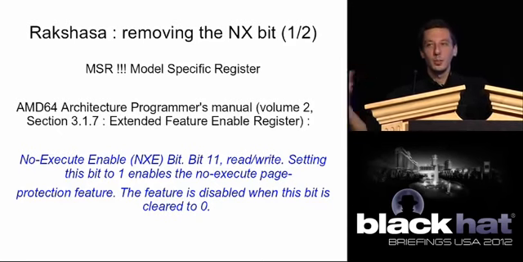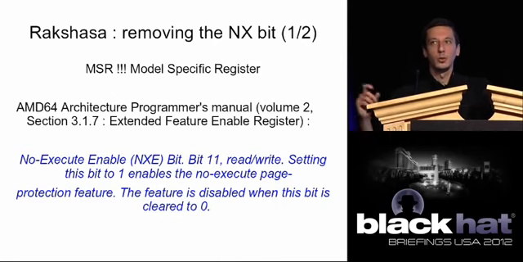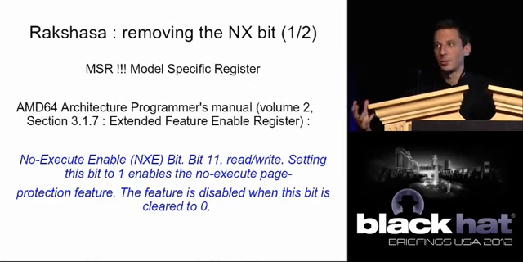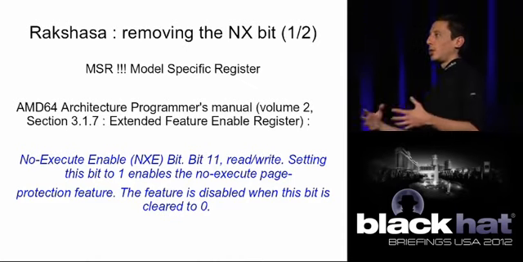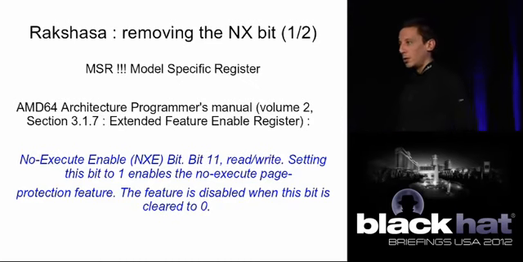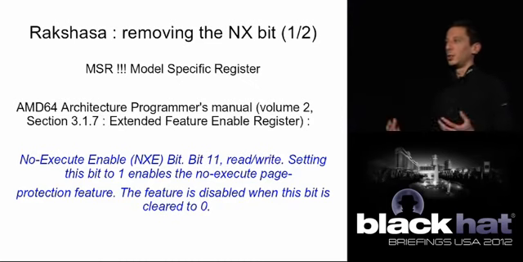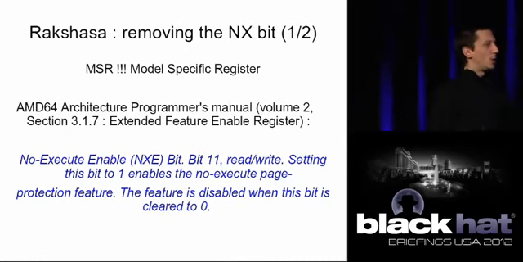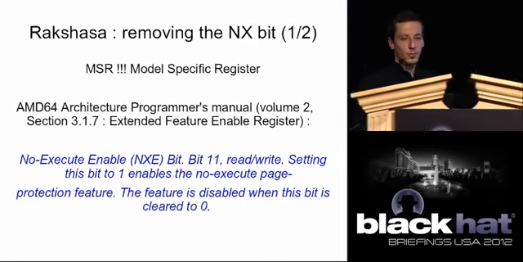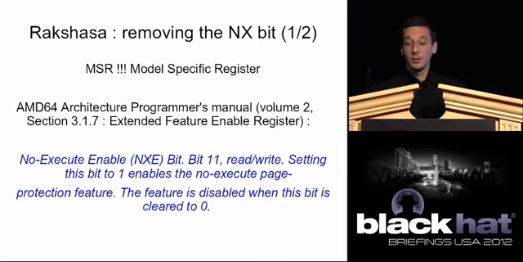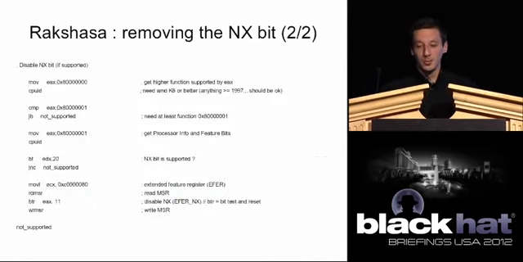If you flip this bit, you disable or enable non-execution. Historically, everything which was mapped in memory used to be executable, which is a terrible idea from an exploitation perspective. So they introduced this bit with the K6 generation in '97. So the idea is, we'd like very much to get rid of this stuff.